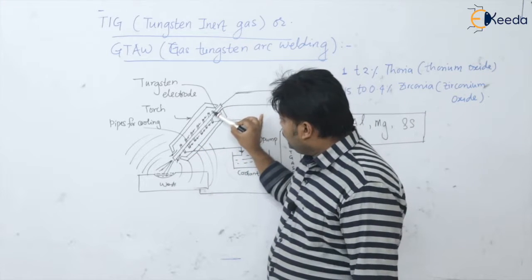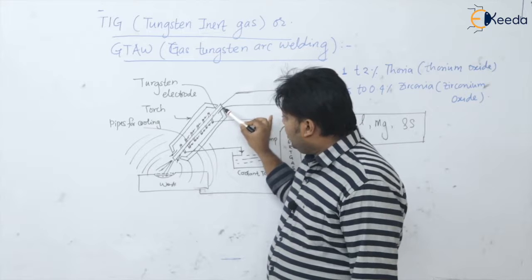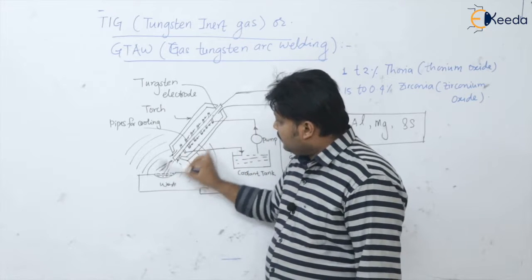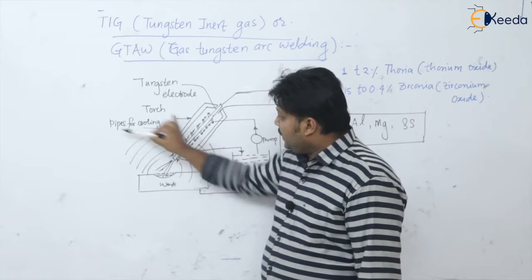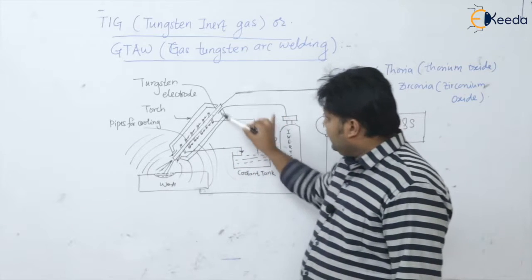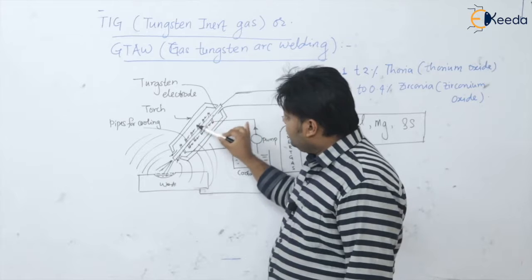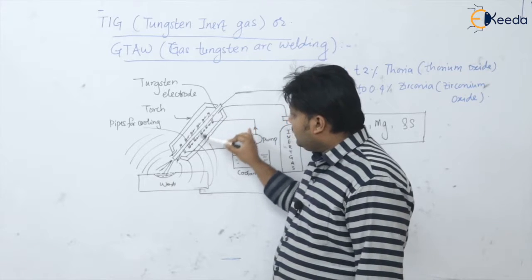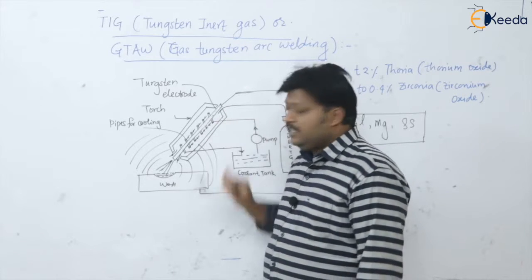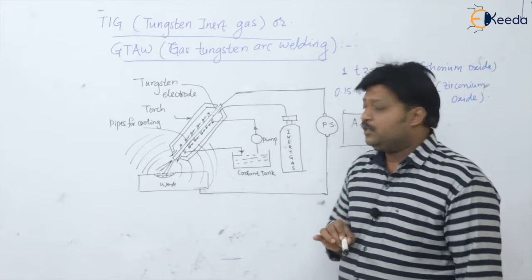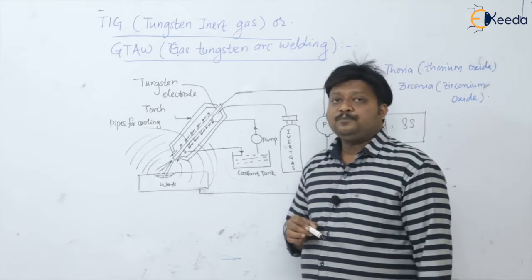See, it is coming through the small annular space and protecting the weld pool from atmospheric contamination. At the same time, this coolant is flowing through these pipes which are wrapped around the tungsten electrode to keep the tungsten electrode at minimum temperature.